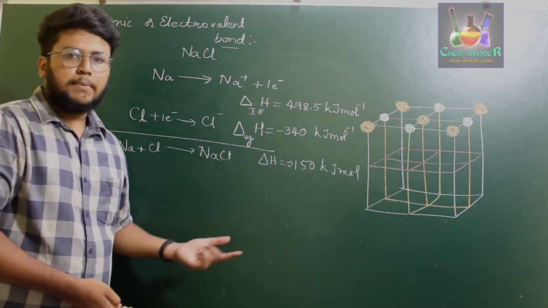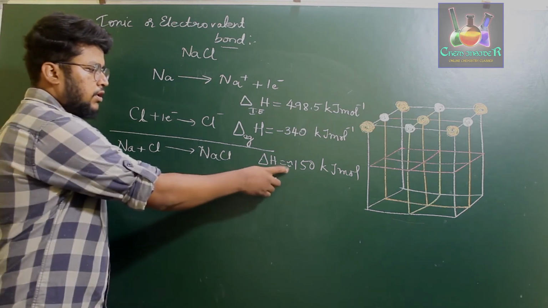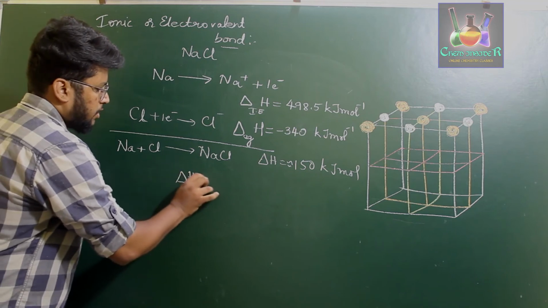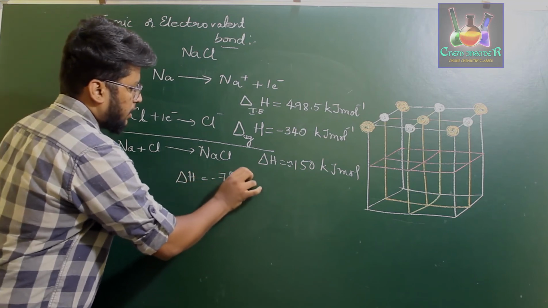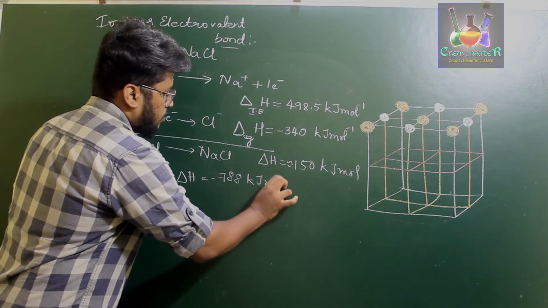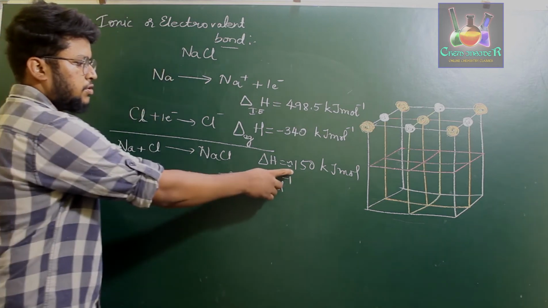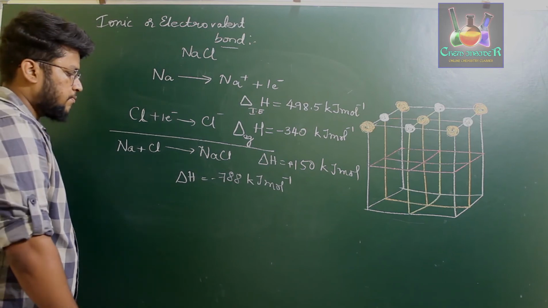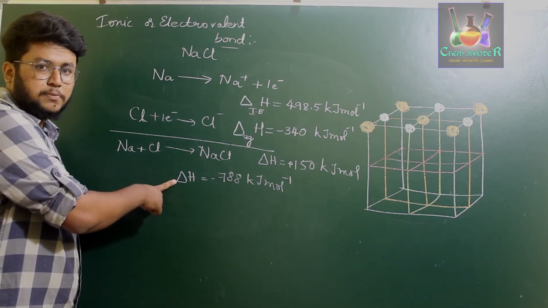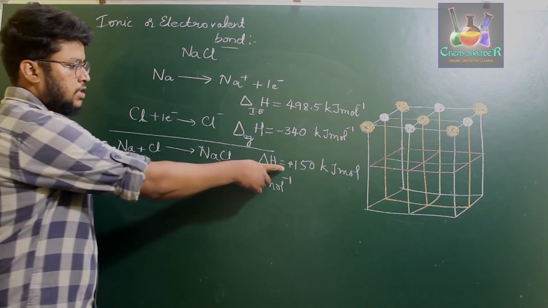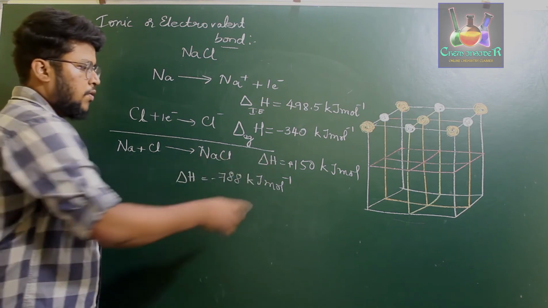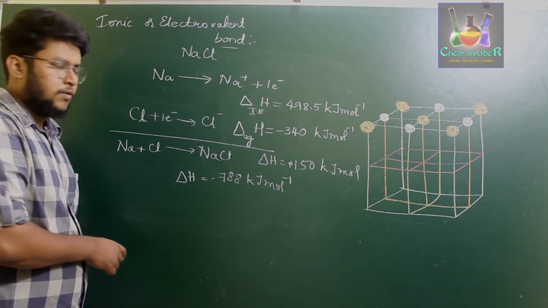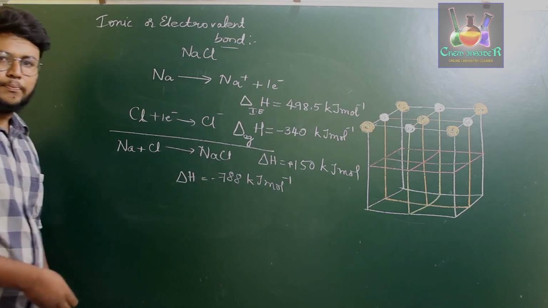But what happens in this case is, instead of absorbing the energy, we observe that delta H is minus 788 kilojoules per mole. Observe over here, we have a positive sign for the delta H calculated theoretically, which is 150 kilojoules per mole, and the delta H found in the experiment was minus 788 kilojoules per mole.